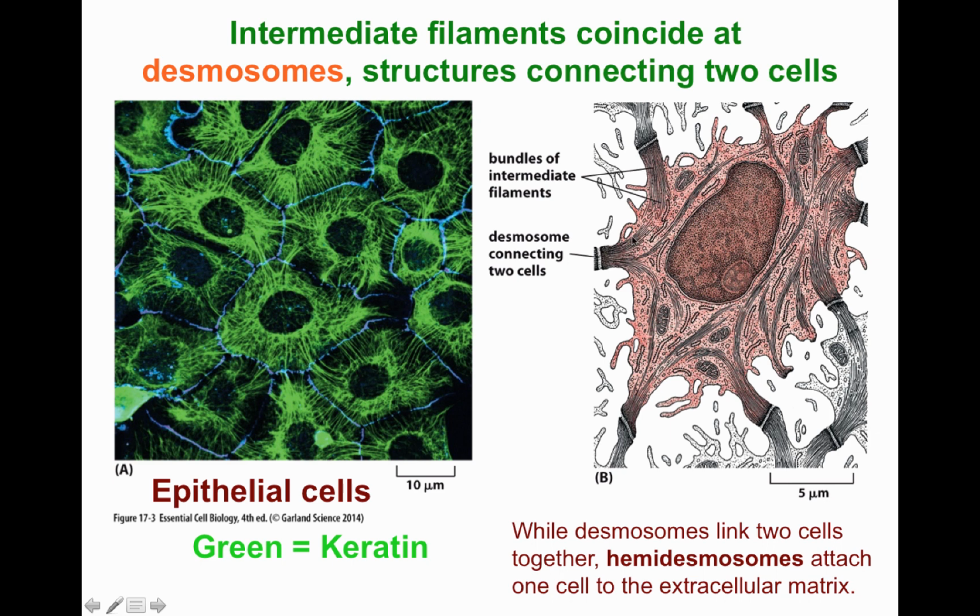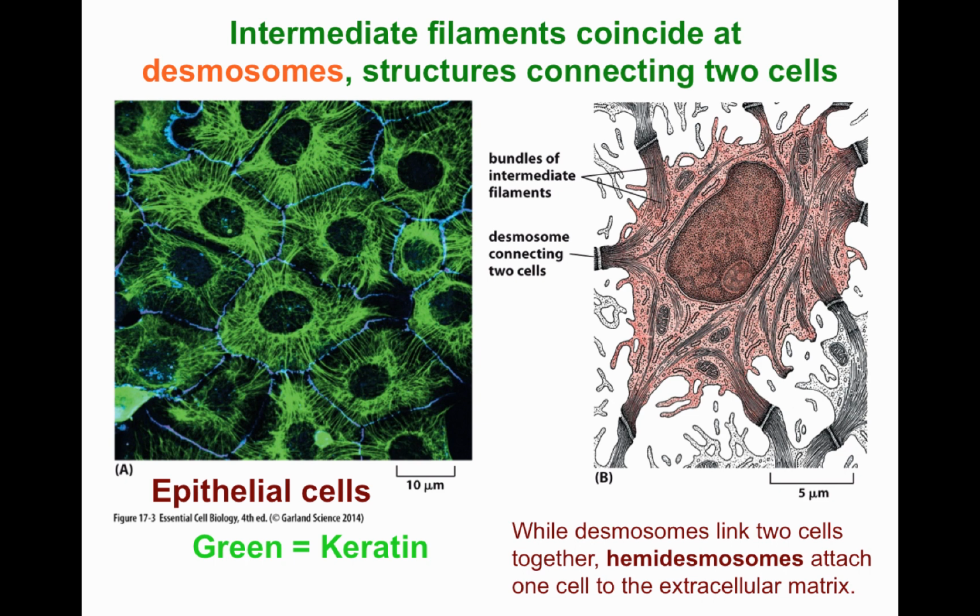You can see that the intermediate filament bundles at the area of the desmosomes, and the desmosomes will connect different cells. All the epithelial cells are joined together by desmosomes, and therefore the desmosomes serve as a point to reinforce the cell with the intermediate filaments.